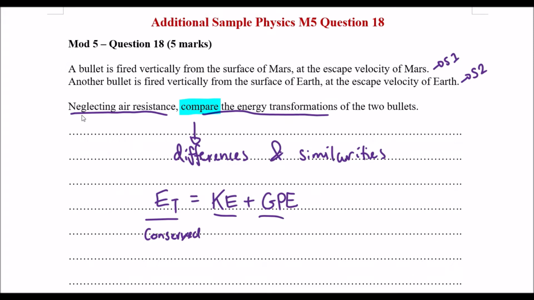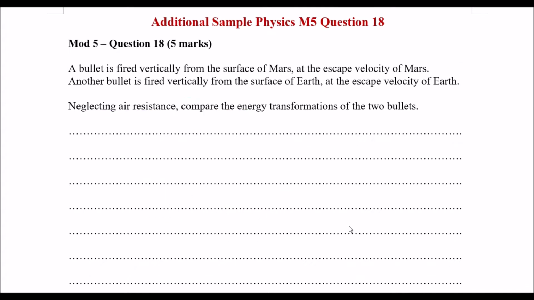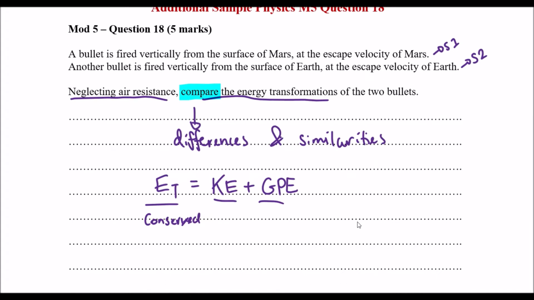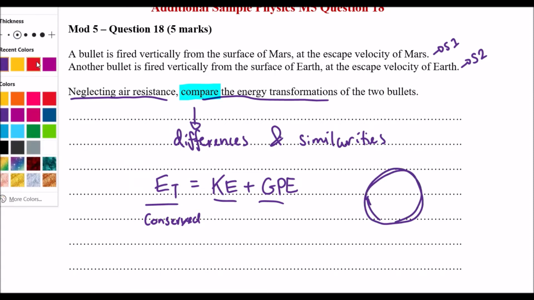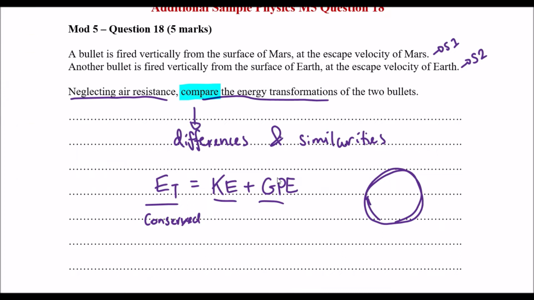When it comes to things like the kinetic energy and the gravitational potential energy of the bullet, we might want to just demonstrate by drawing the diagram. So we have the planet and we fire the bullet off. If we can imagine, the bullet fires off in whatever orientation we want it to.